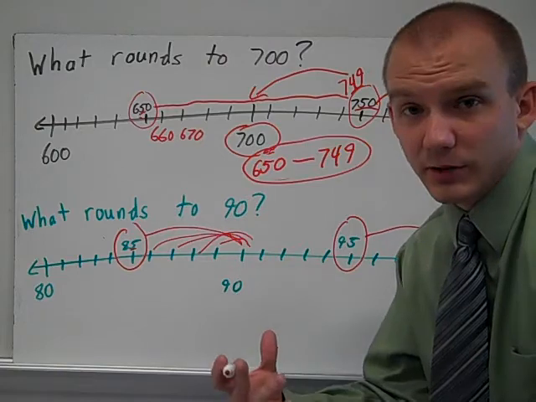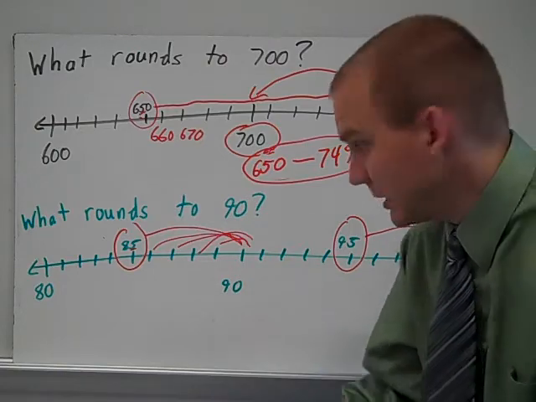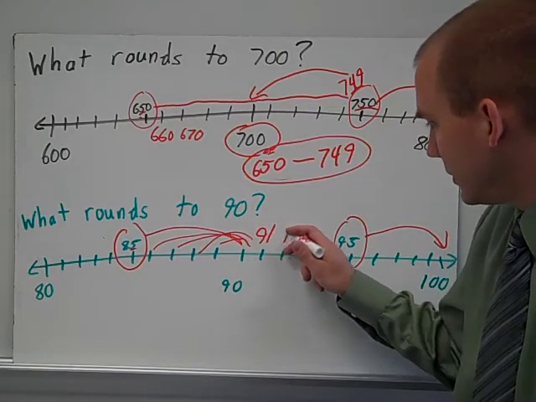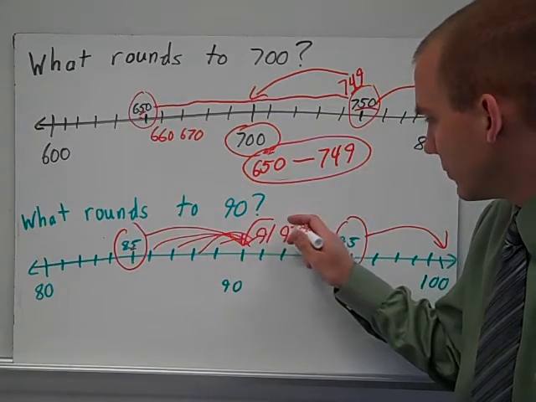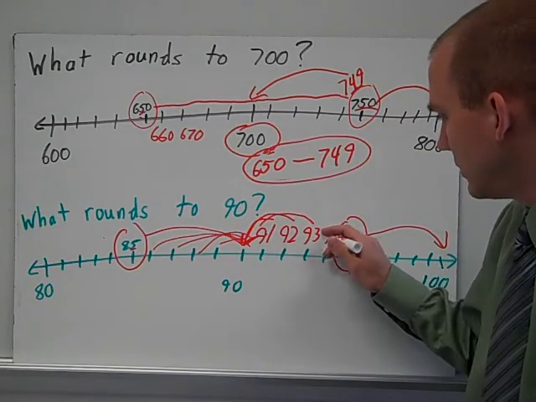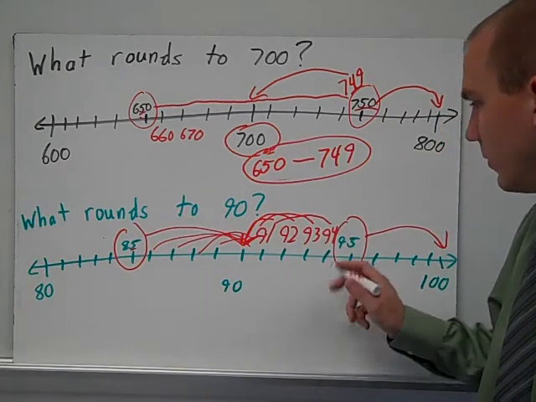90 itself, if rounded to the nearest 10, would just stay the same. It would be 90. And then 91. Oh, well, that's closer. 92. All of these numbers would round back to 90, all the way up to 94.